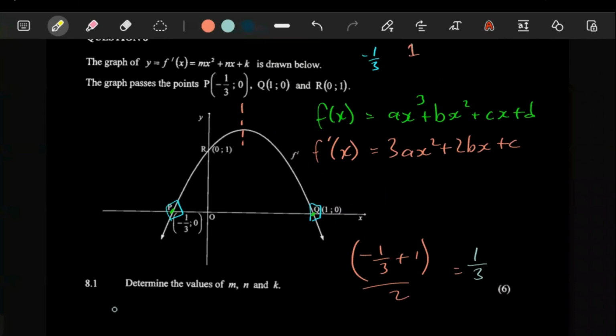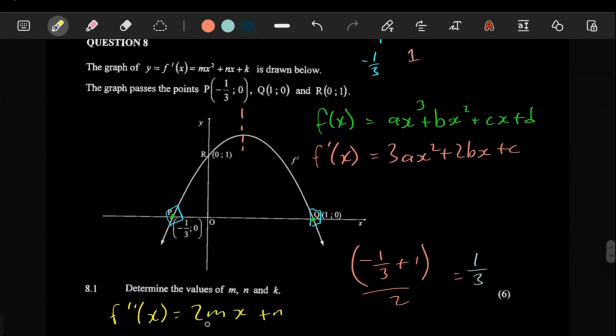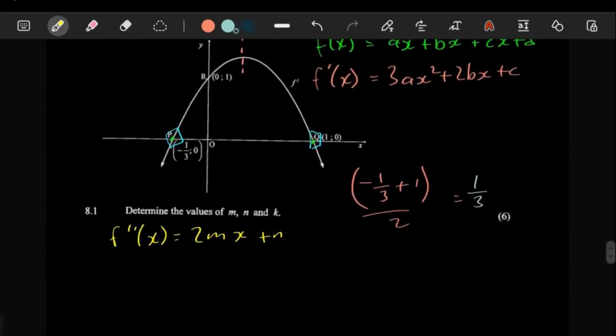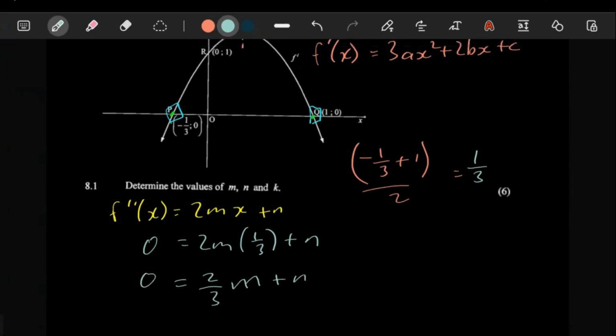The second derivative would look something like this: 2mx + n. Now what we know is if you make your second derivative 0, your x value will be the x value of the point of inflection, which is in this case 1/3. So this is giving us an equation that has m and n only, which is somewhat useful to us because we want to get all these variables. So we can label this an equation that has m and n.